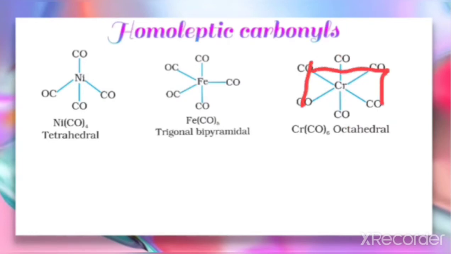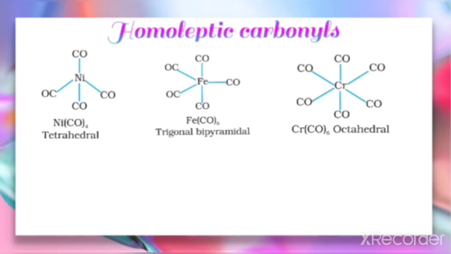That means 4 carbonyl groups and chromium are in the same plane, these 4 CO occupying the corners of a square, and one carbonyl is below the plane and another carbonyl is above the plane. So this geometry is octahedral.